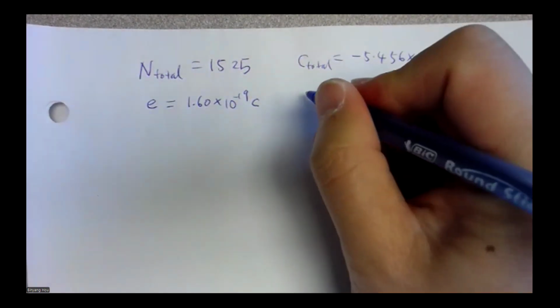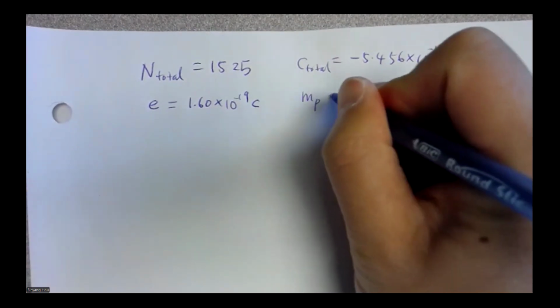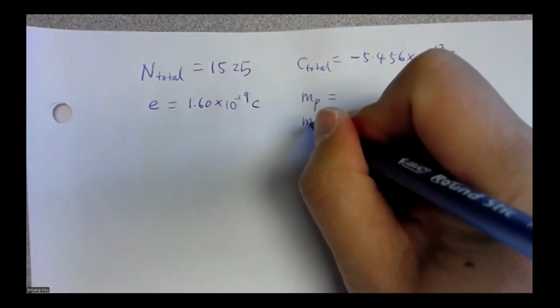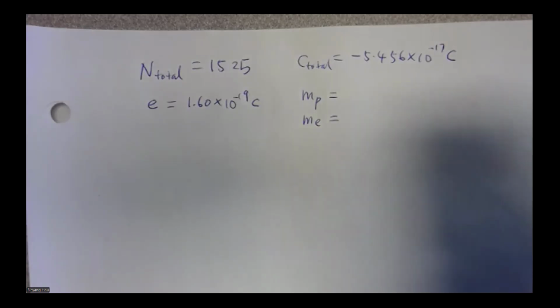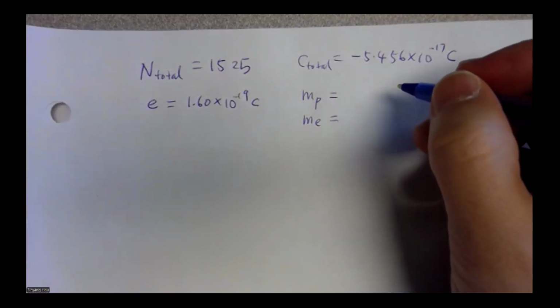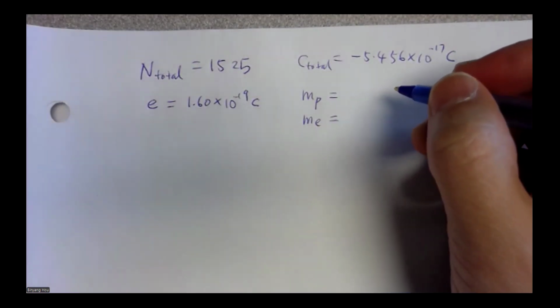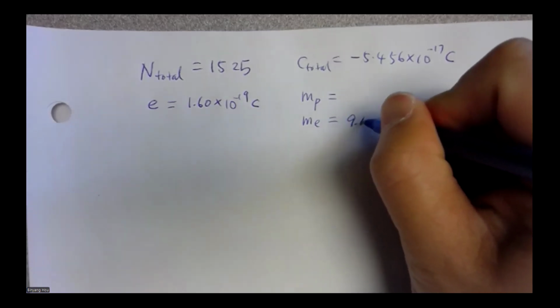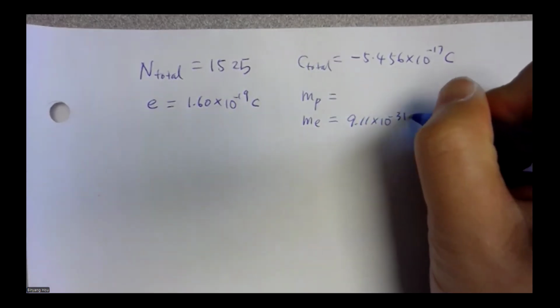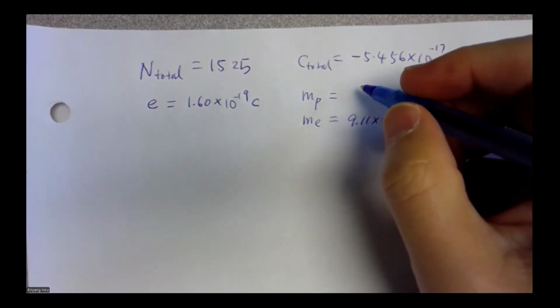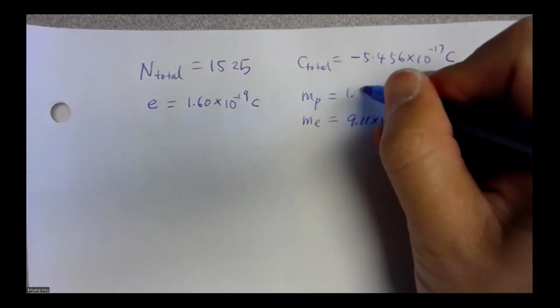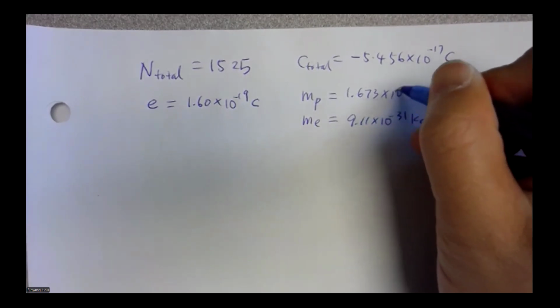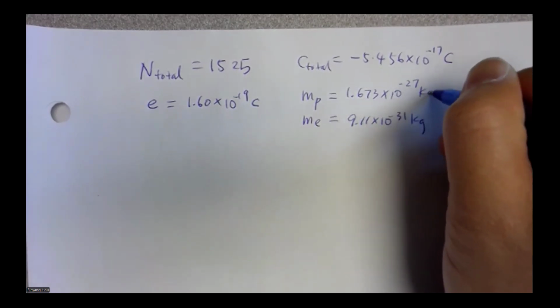We also need the masses for the proton and the electron in the second part. For electrons, it's 9.11 times 10 to the negative 31 kilograms. For protons, it's 1.673 times 10 to the minus 27 kilograms.